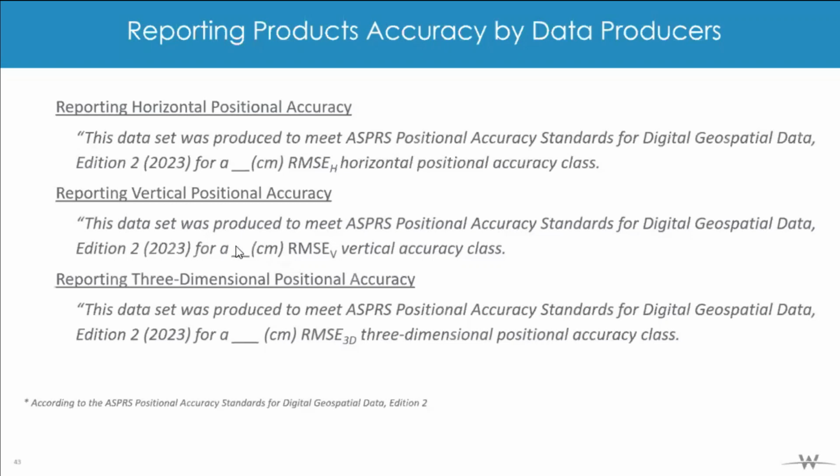And that is not an unbiased test for accuracy because it's not an independent checkpoint. So all they say is, this data set was produced to meet the ASPRS accuracy standard, this for 10 centimeter horizontal positional accuracy class. That's all they need to declare, and people can put it in the metadata.